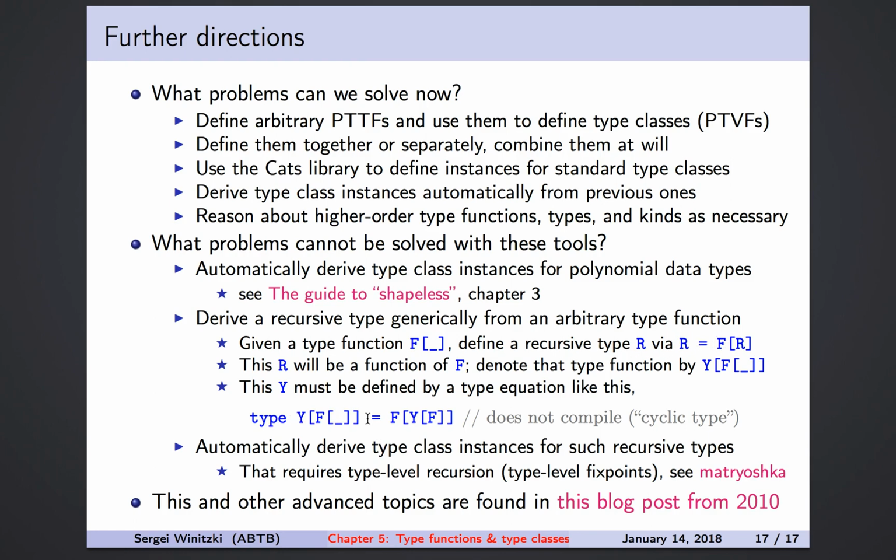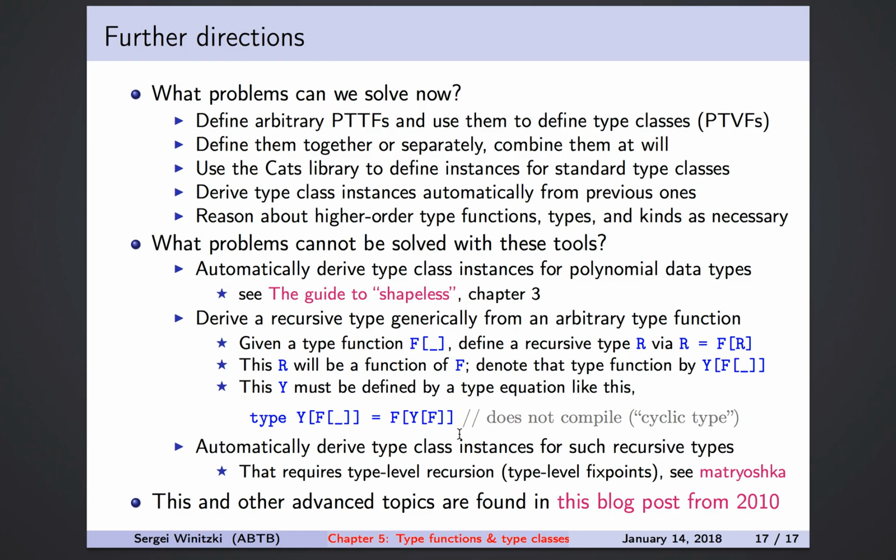So y of f must be equal to f of y of f. But this doesn't compile. Scala doesn't allow us to make things like this. More work is necessary to even define such things or have a generic type function that computes the recursive type. And we haven't seen how to do it.